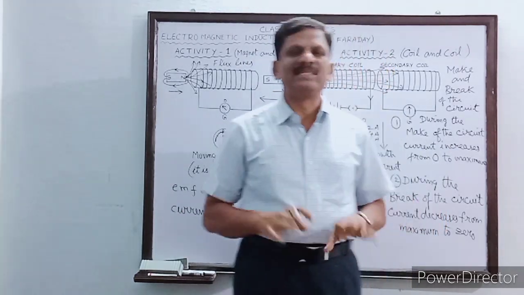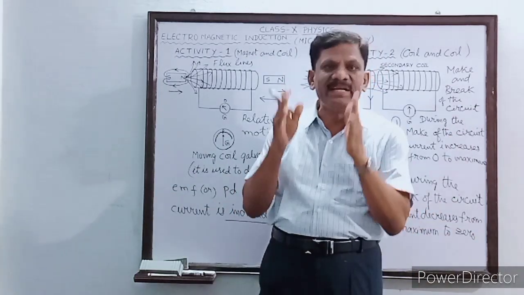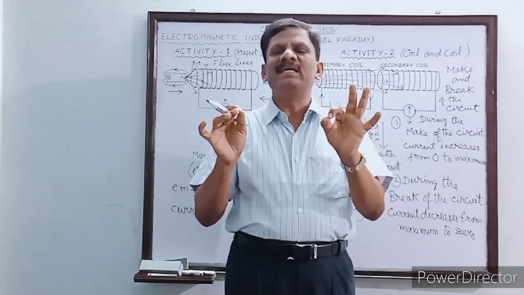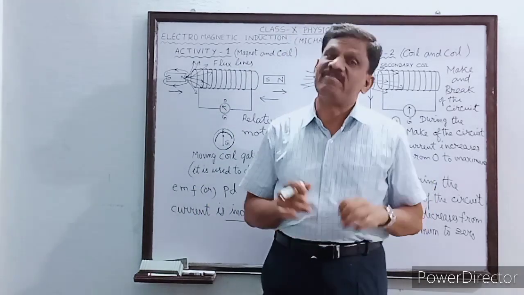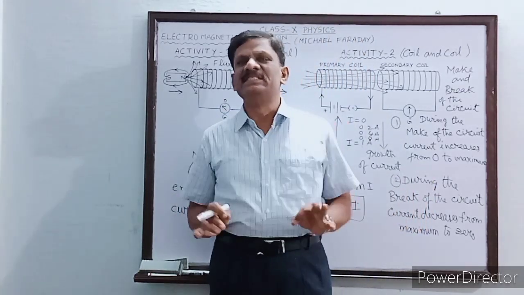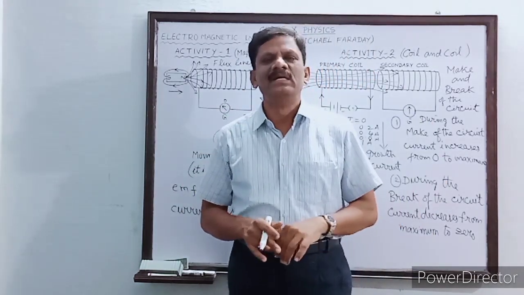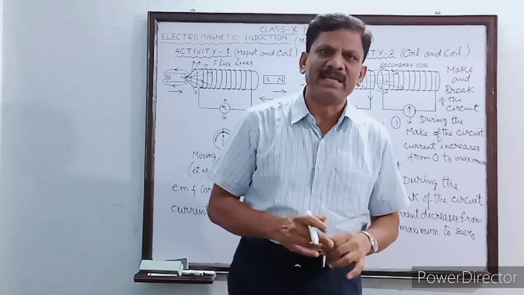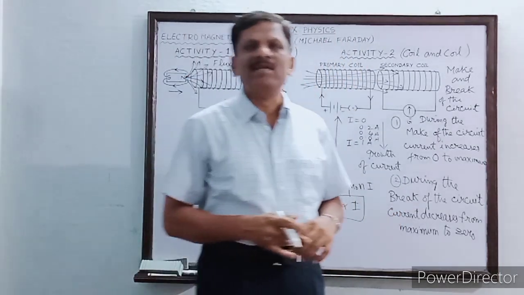So my dear students, now I am going to summarize from activity number 1 and activity number 2. We find that there is a current induced in the circuit whenever there is a change in the magnetic flux, or whenever there is a change in the magnetic field lines linked with the coil or circuit. This phenomenon is called electromagnetic induction, and this was discovered by Michael Faraday.